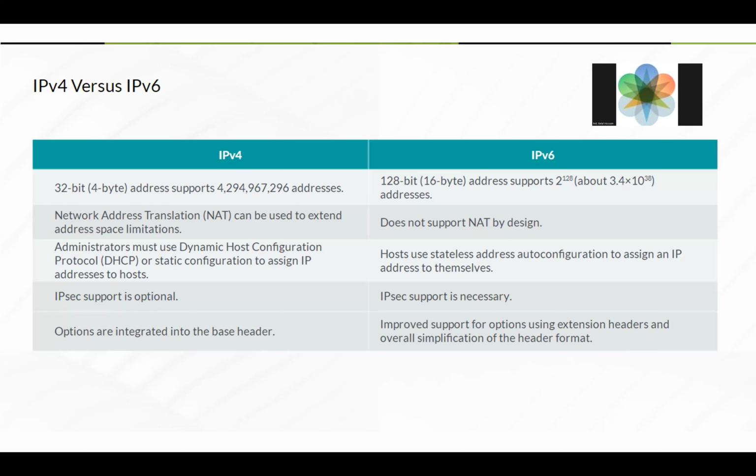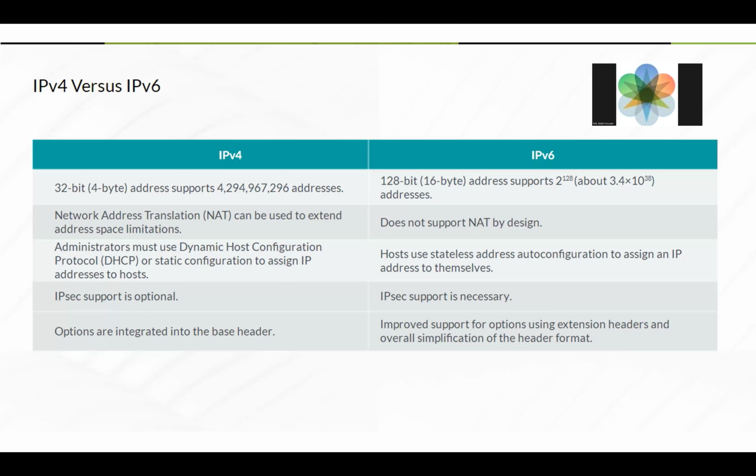Okay, so a huge number of addresses are in IPv6, and we can add IoT devices and every networking capable device in the internet with no need for NAT.